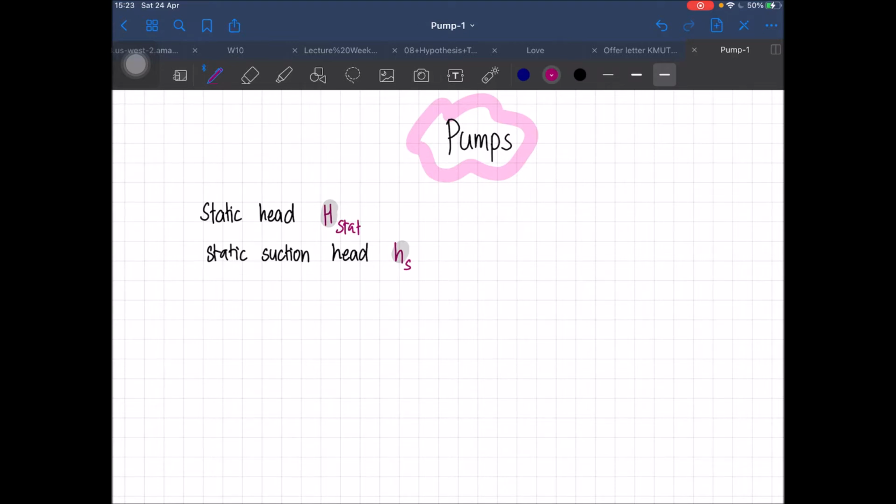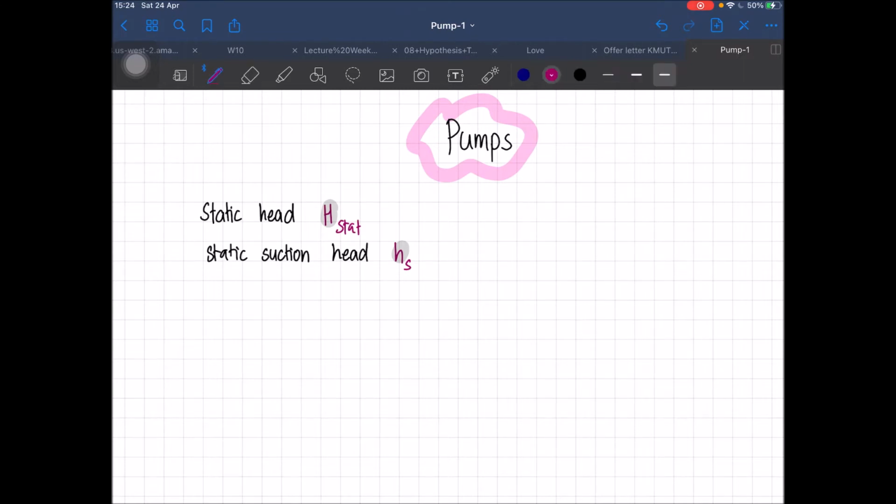For example, this is the pump, and the symbol will be something like this. The flow is going this way. This is the center line, and the suction head is the suction liquid level compared to the pump center line here.